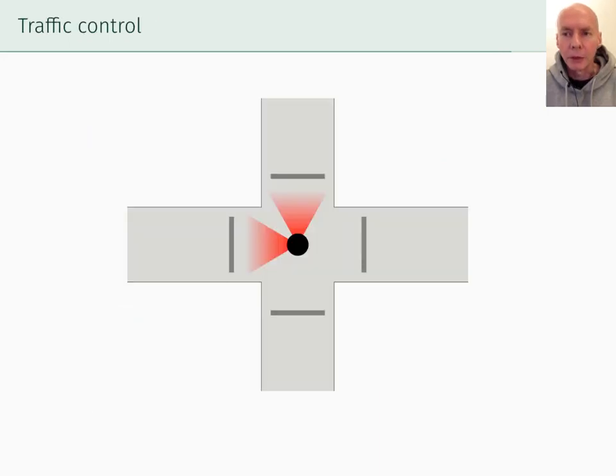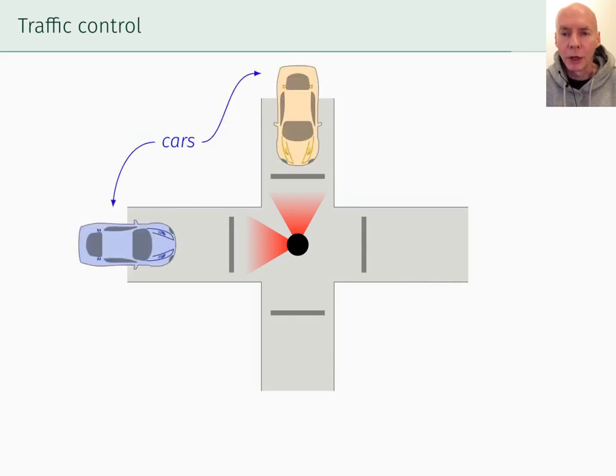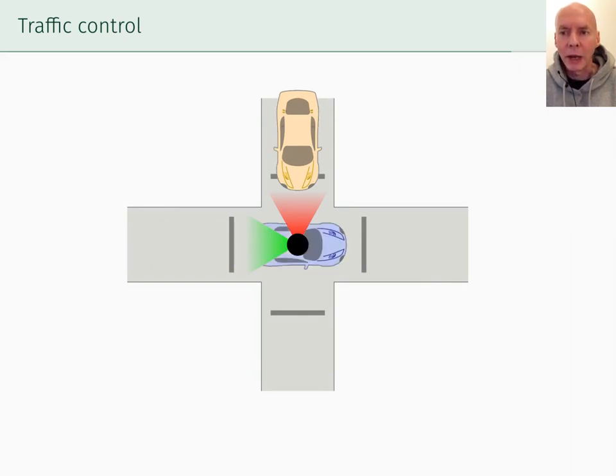Here we have an intersection of two streets with a traffic light. For simplicity, let's say they're one-way streets. The streets also have pressure sensors on them, so that when a car comes along and rolls over one of the pressure sensors, the light facing that car turns green and allows it to pass through the intersection.